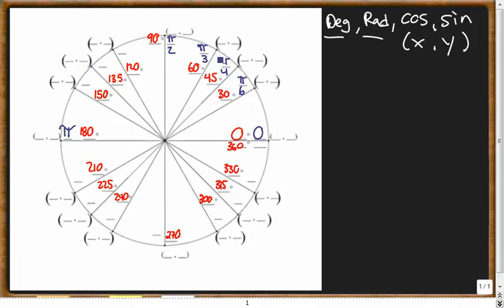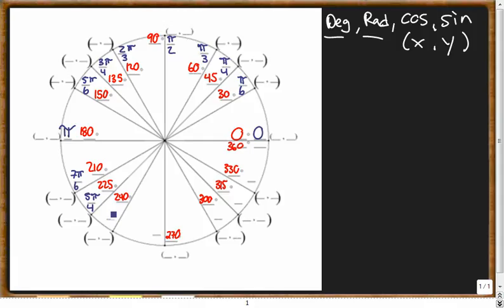So I'm going to go from pi over 3. This becomes 2 pi over 3. This is 3 pi over 4. This is 5 pi over 6. We then have pi. We then move to 7 pi over 6. We then have 5 pi over 4.